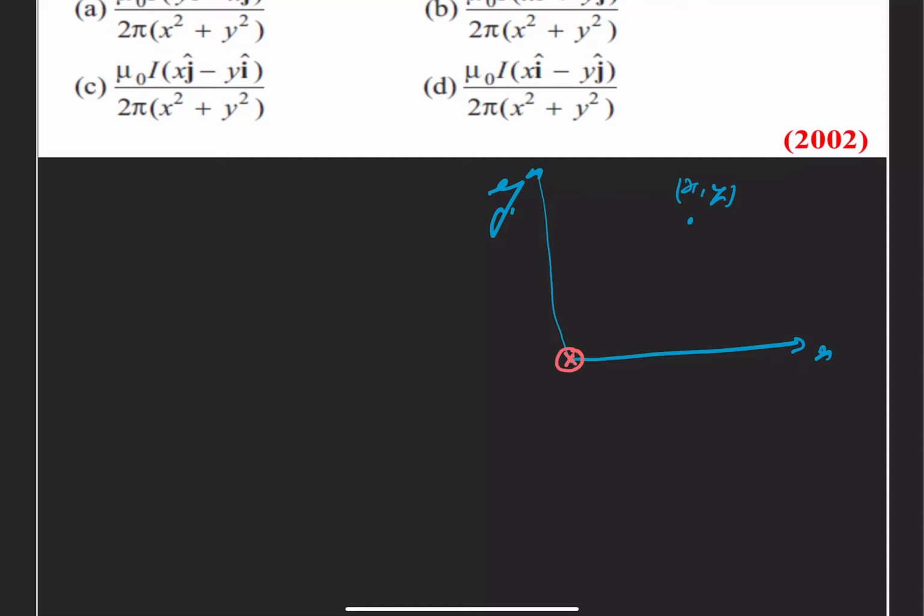If we join this, we can call this R. The magnetic field will be perpendicular to this, so the magnetic field will be somewhere in this direction.